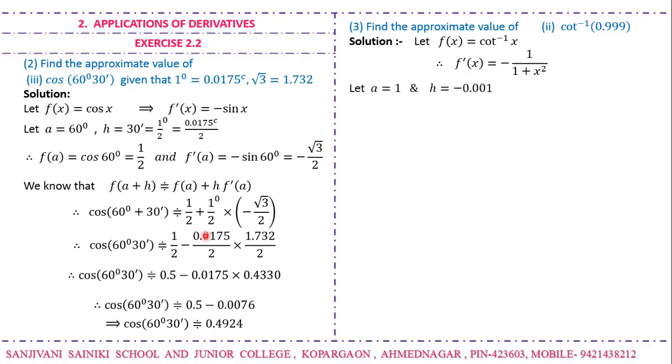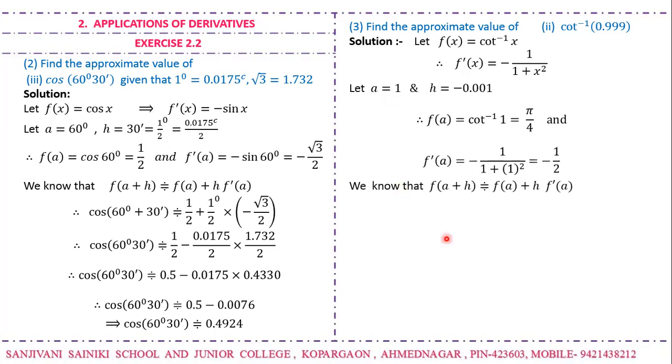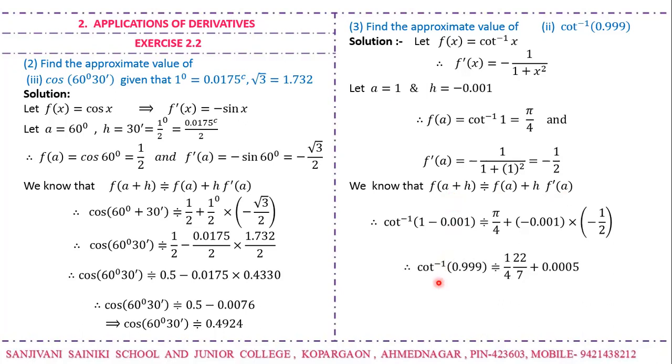So at this point x is equal to a is equal to 1, we have to find f of x and f dash of x. Then using the formula for approximation, using the values, we will get cot inverse of 0.999 is approximately equal to 1 upon 4 into 22 by 7 plus 0.0005.